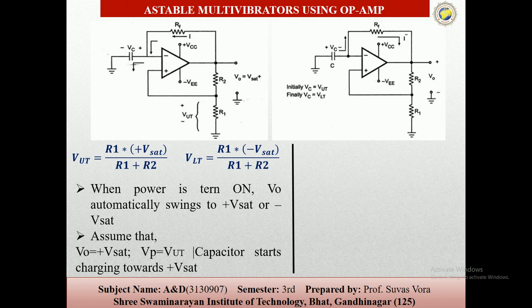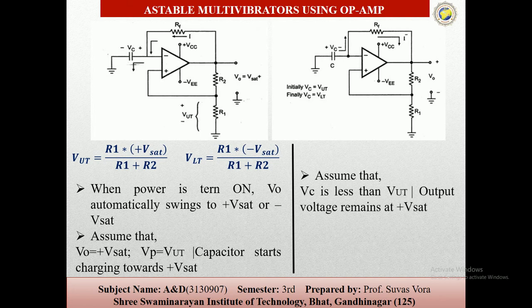As long as the capacitor voltage Vc is less than VUT, the output voltage remains at the saturation state. In this part you can see that the switch triggers the output voltage from the positive to the negative saturation, and we get Vp equal to VLT, which is negative with respect to the ground.